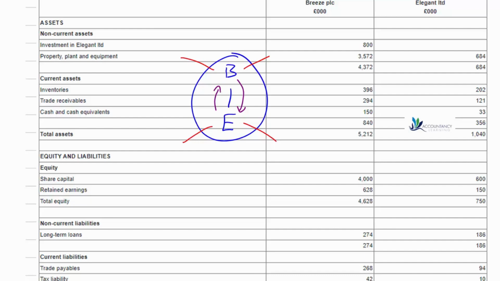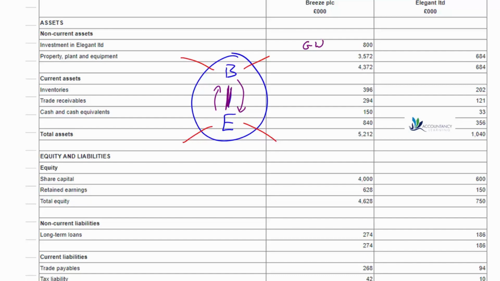So first of all, we've got this investment in Elegant of 800. Well, that's inside the group, so that's not going to appear in our statement of financial position. But it will appear in our workings, in our goodwill working. That's the consideration, how much we've paid to buy those shares.